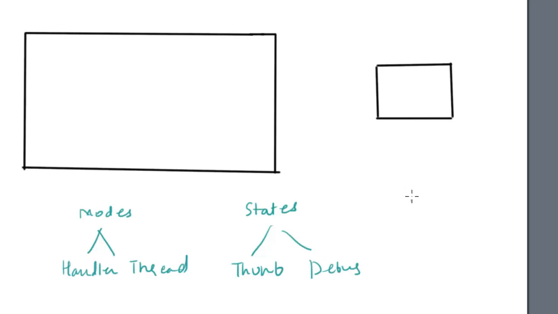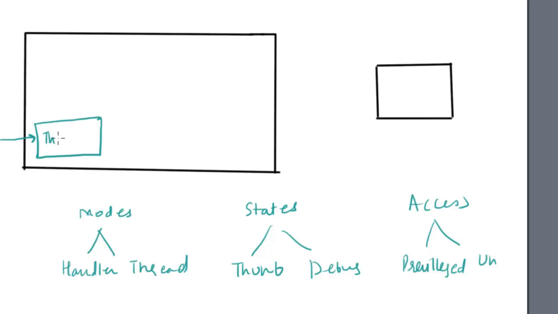And then there are two access levels. One is the privileged access level and the other is the unprivileged access level. So let's just go ahead and see how it switches between all these states. Whenever a controller boots up, it runs in the thread mode. So you have it running in the thread mode, and the access level here, I'll write it P for privileged, so that in this mode, when it starts, it has access to all the peripherals, all the memory and everything that you want.